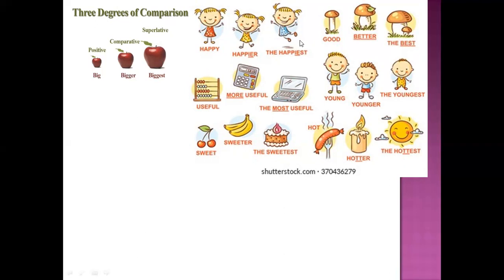Now look at these examples. Happy, happier, the happiest. The first girl is happy, but when we are comparing these two girls, the second girl is happier than the first girl. Also, when we are comparing these 3 children, we can clearly see this third child is the happiest girl.